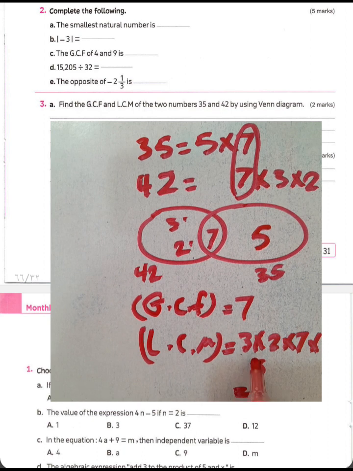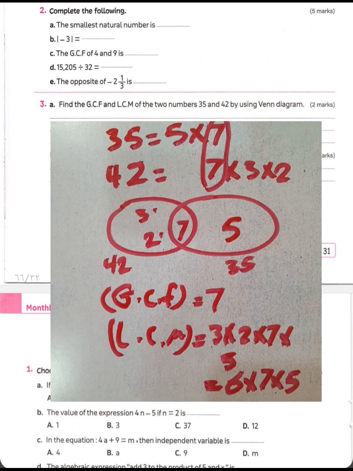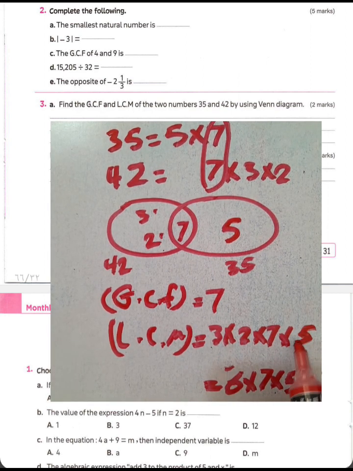Okay, 3 times 2 equals 6. 6 times 7 times 5. Again, 3 times 2 times 7 times 5. Clear?